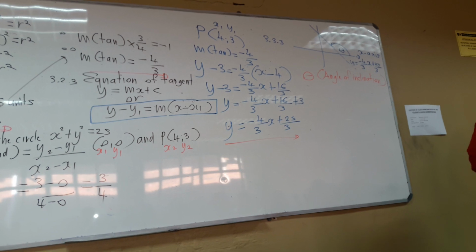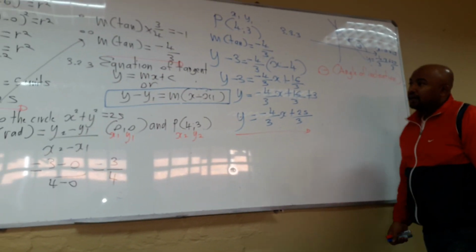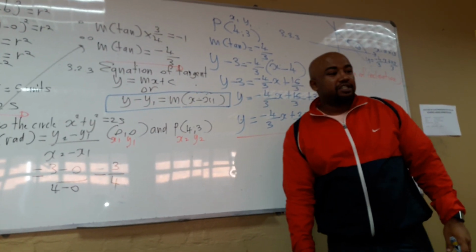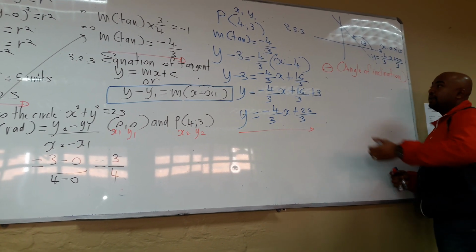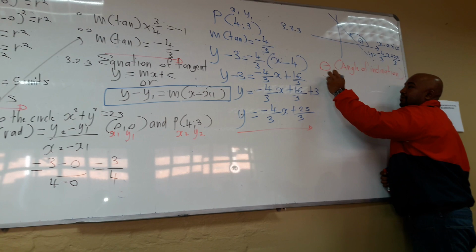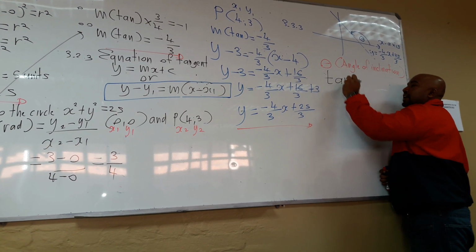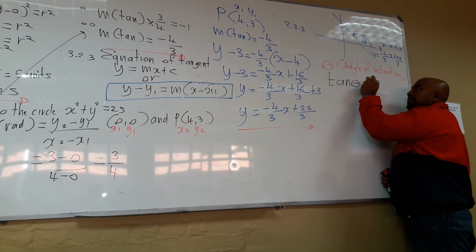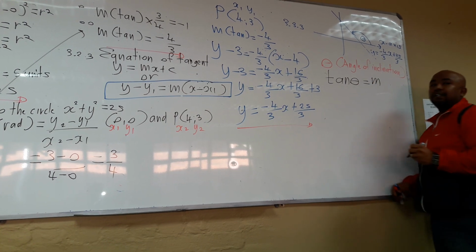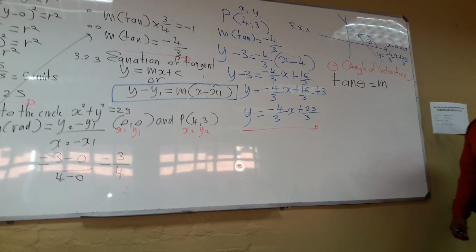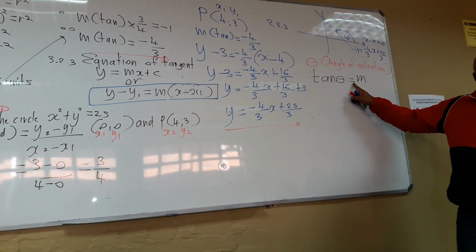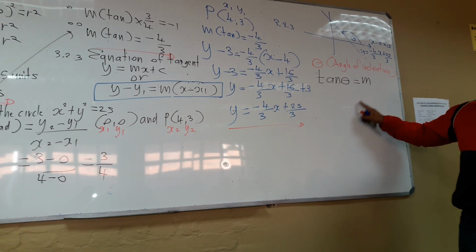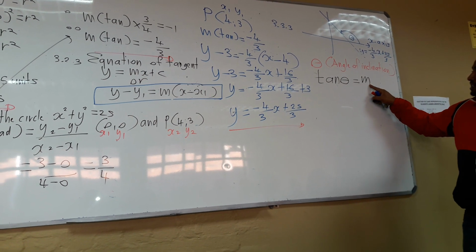Now, how do we work out the angle of inclination? First of all, we know that tan of theta is equal to the gradient. We use the formula tan of theta is equal to the gradient. So we have the gradient.